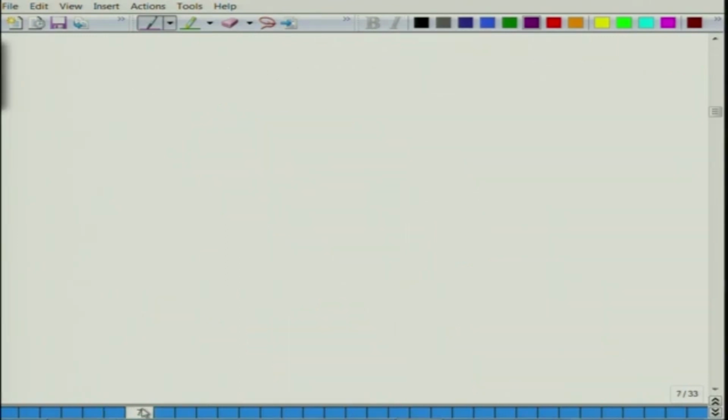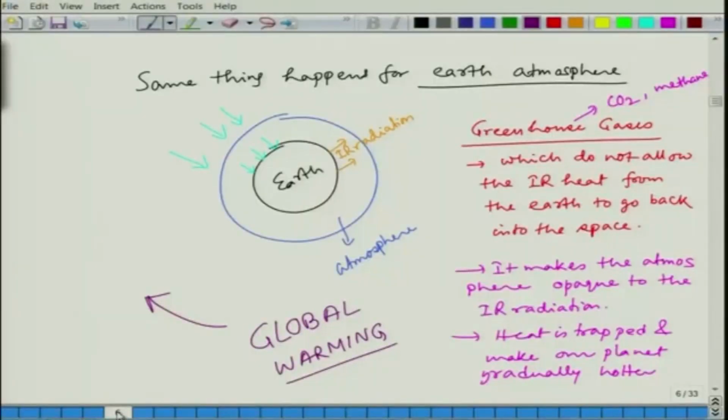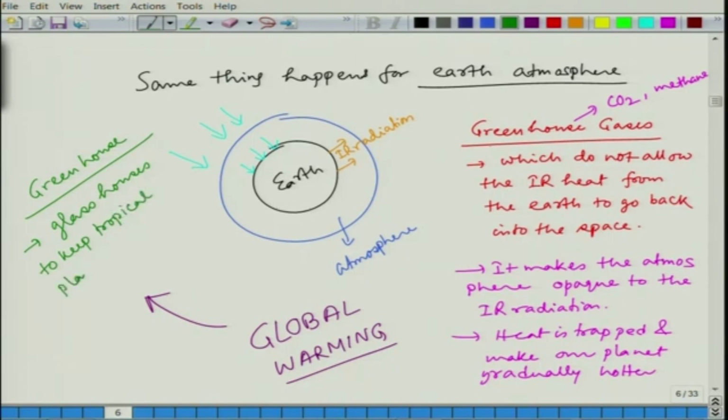Okay. Now, coming back, one more point I missed is why it is called greenhouse gases. If you are aware of a greenhouse, they are made of glass houses to keep tropical plants in cold countries.